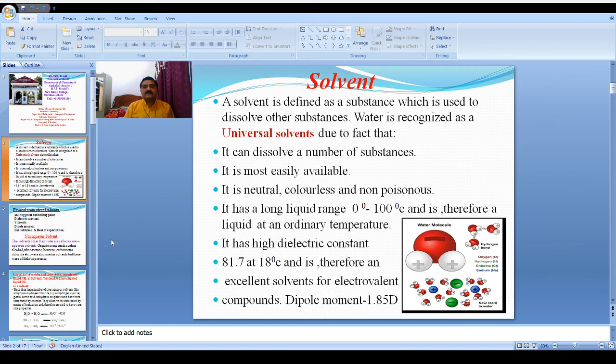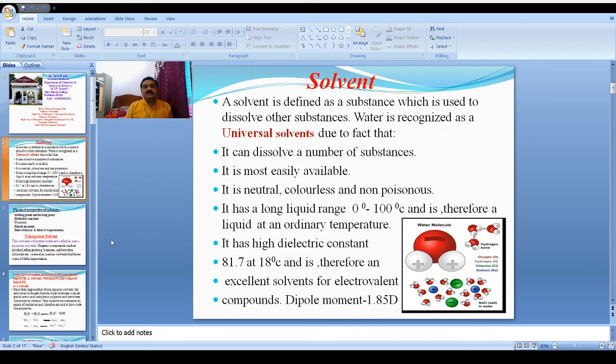First, it can dissolve a number of substances. It is most easily, cheaply, and readily available. It is neutral, that means the pH of water is 7. So it is neutral, colorless, and non-poisonous.